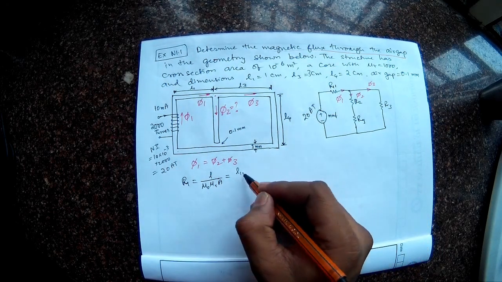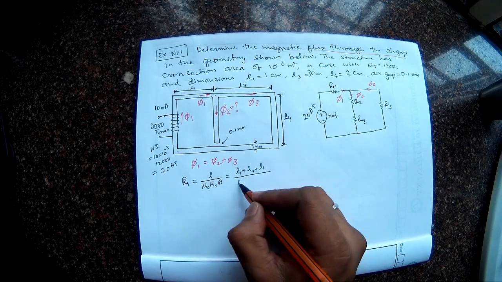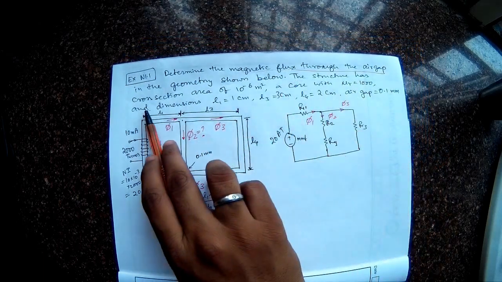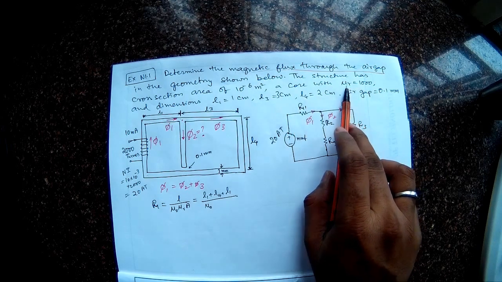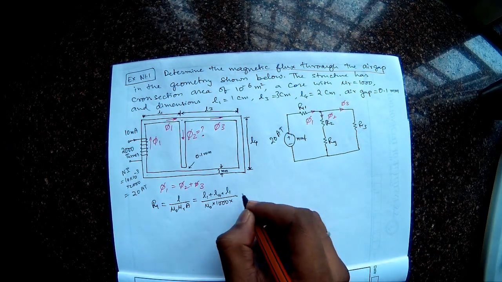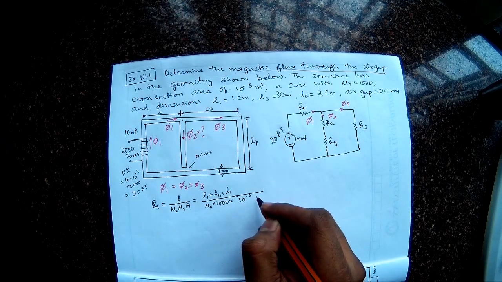Now mu naught and mu r. In the question, the structure has a cross section area of 10 power minus 6 meter square and a core with mu r equal to 1000.